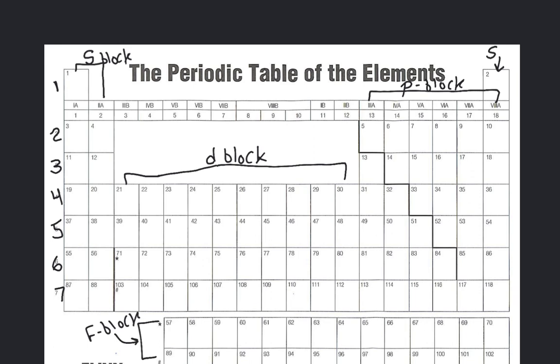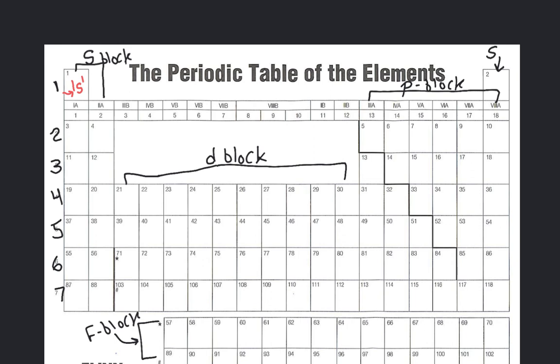So let's do the first one, and let's do like a red color. So energy level 1. So this is the 1S1, because it's the first energy level. So we have a 1. It's in the S block. So it's an S sublevel. And there's 1 electron for element number 1 on the periodic table.